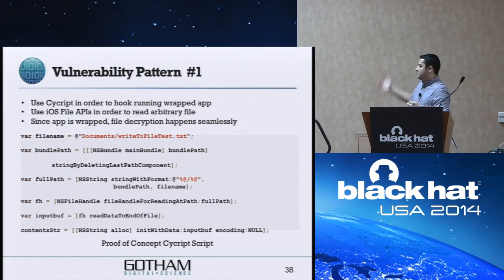I used Cycript for this on iOS. If you want to learn more about it, you can look at the 20,000 presentations that talk about it. It's really simple. It's a weird mixture of JavaScript and Objective-C. So I just wrote a simple script that tries to read that file using the NSFileHandle object, and hopefully that gets wrapped, right?